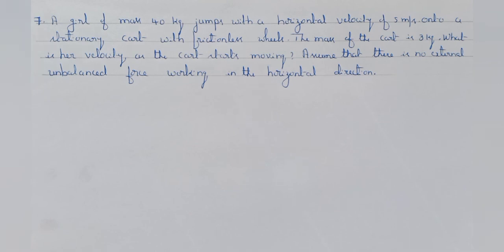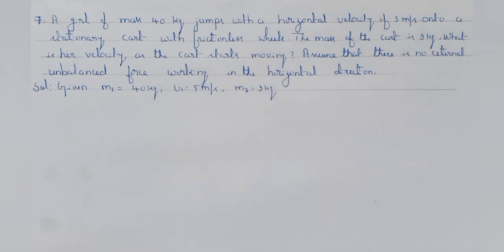And let the velocity of the girl as the cart starts moving be v. m1 is 40 kg and u1 is 5 meter per second. m2 is 3 kg, and since the cart is initially stationary, its initial velocity is 0. We have to find out the velocity of the girl v as the cart starts moving.